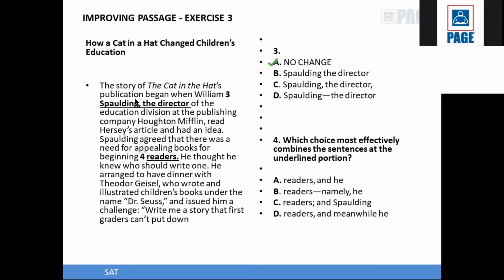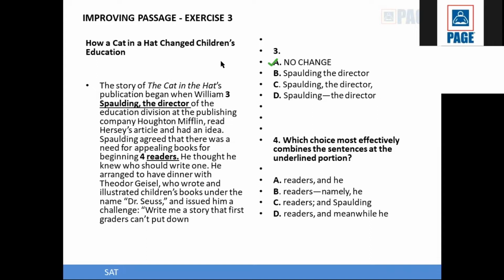If you get a punctuation mark in the question, you need to concentrate on the punctuation marks in the options. Usually, we think that C is the answer because we're always in a hurry to complete it. Spalding, comma, the director. Okay, fine. We don't look at the punctuation mark. If you place a punctuation mark here, it doesn't make any sense. The director, comma, of the education division of the publishing company, Spalding, comma, that's enough.